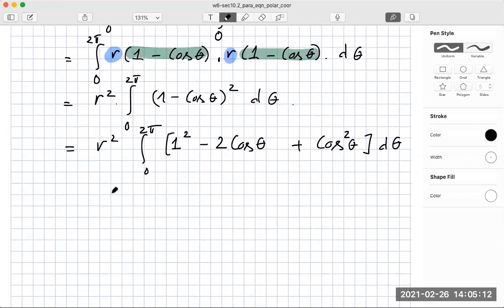Then this guy is a number, it's easy, right? This integral of cosine theta is also easy. How about this guy, cosine squared? Which formula should we use? Yes.